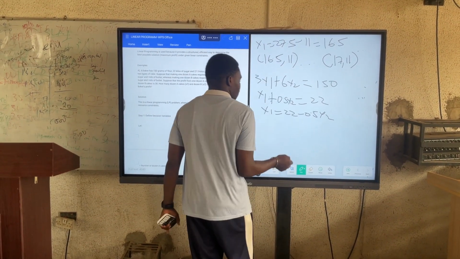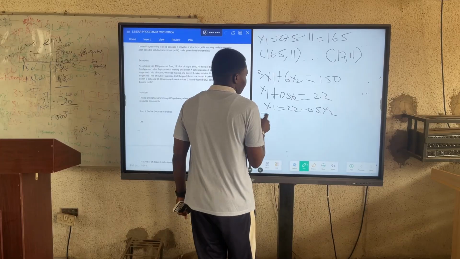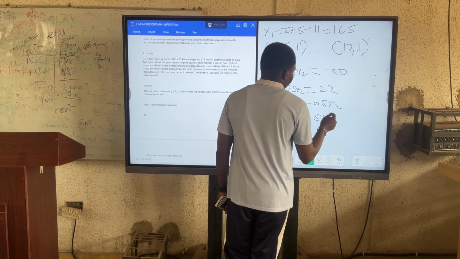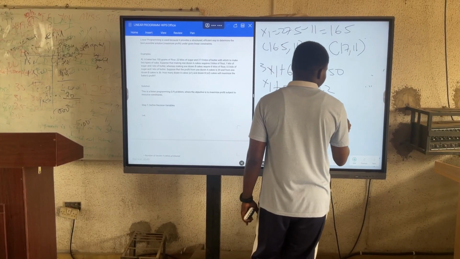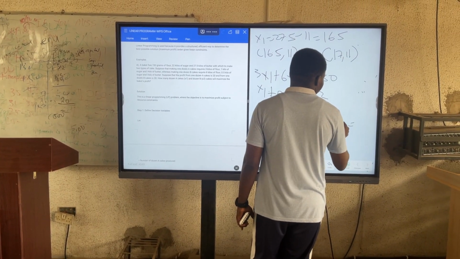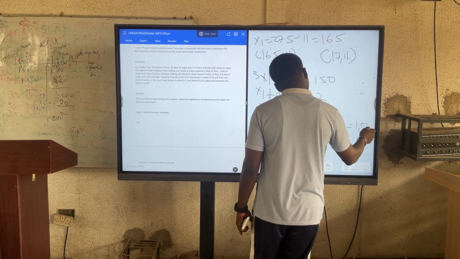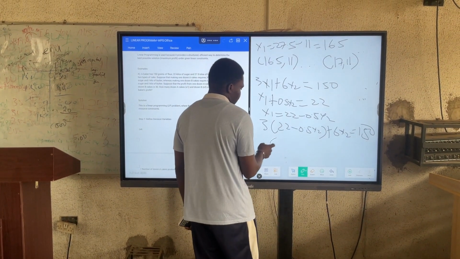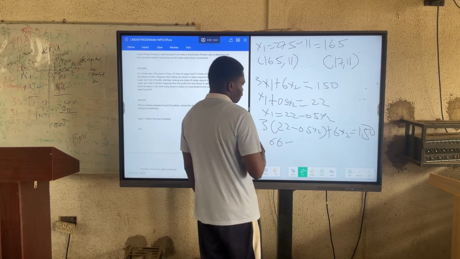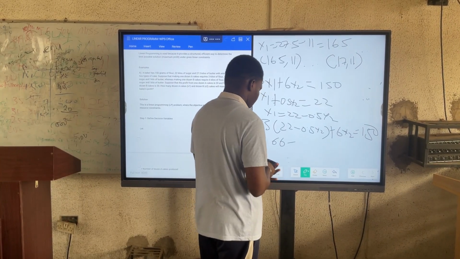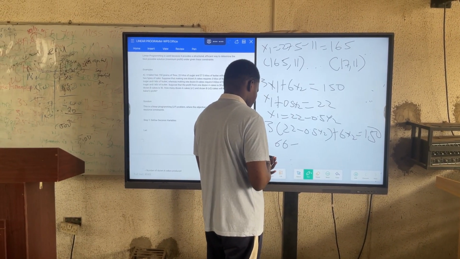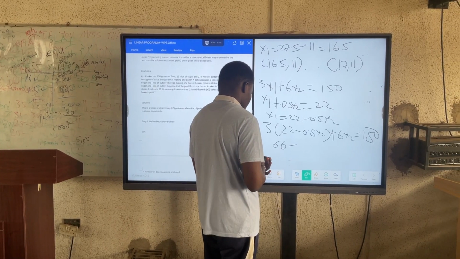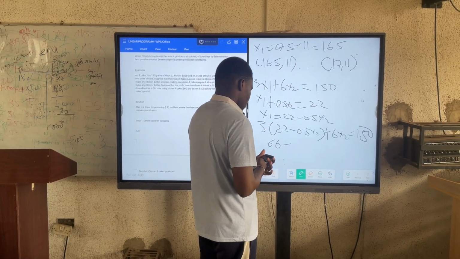That is 3 into bracket 22 minus 0.5x2, plus 6x2 equals 150. 3 times 22 is 66. 3 times 0.5 is 1.5.